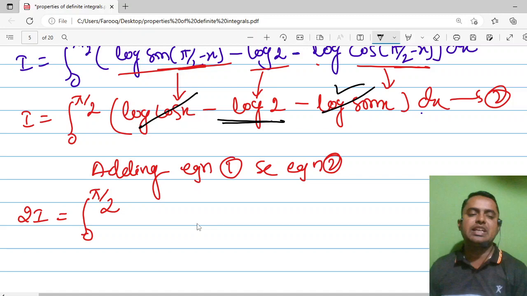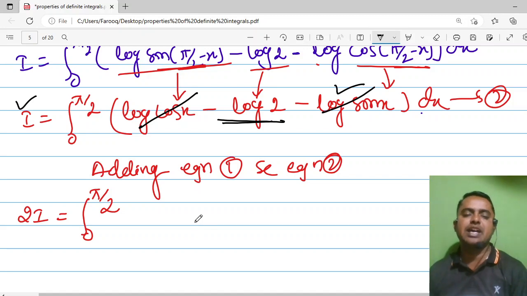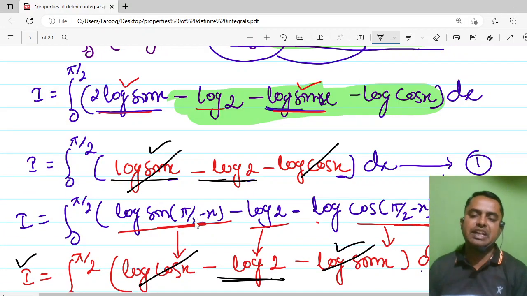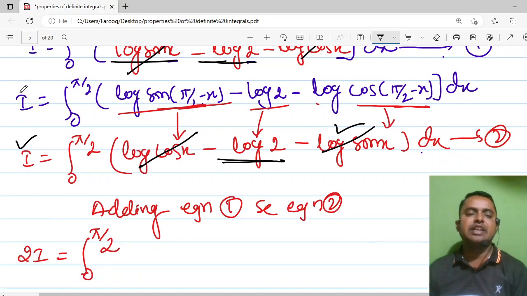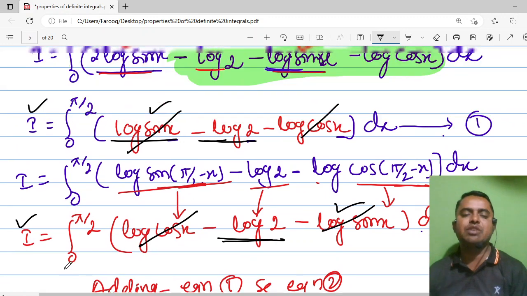After adding the left hand side, equation 1 contains I and equation 2 contains I, so I plus I becomes 2I. In the same manner we are adding both the parts of the RHS of equations 1 and 2.